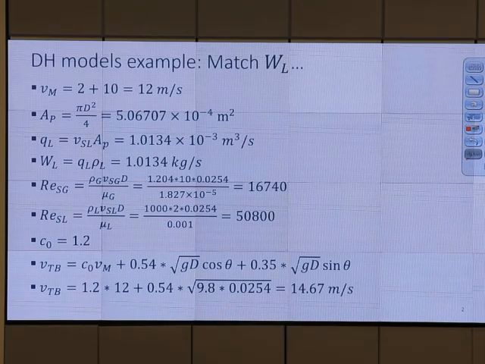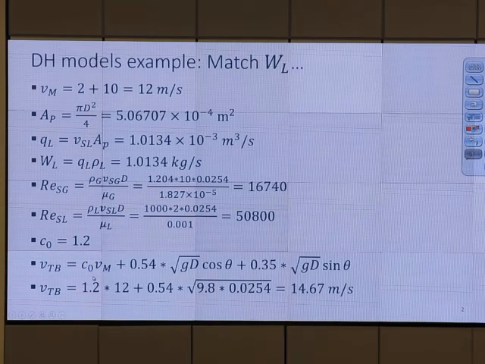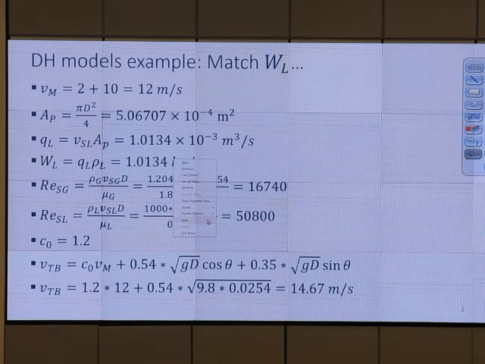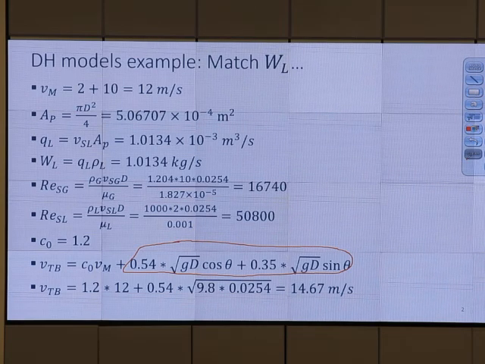They did an experiment somehow, and Raymond will tell me how they did it, by controlling the V mixture to be 0 and being able to quantify the interface velocity. And they say, okay, it's not 0. We will talk about that a little more on slide 42. But for now, this is the equation that is correct. We have to add this term, which is the drift velocity term.